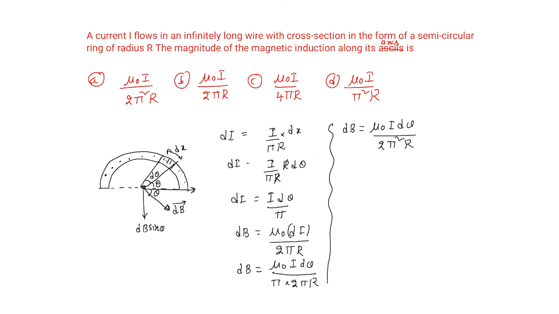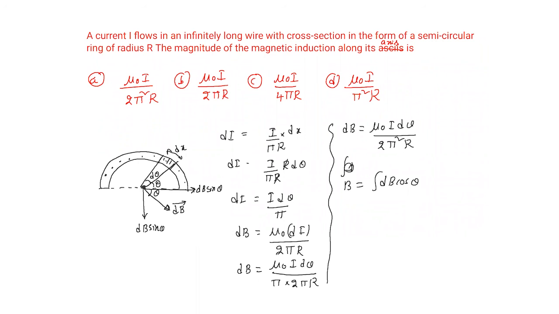If you consider one more element, that will cancel. dB sin theta will go, and only dB cos theta will be remaining. So the total magnetic field is given by the integral of dB cos theta.